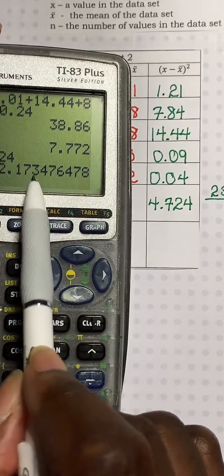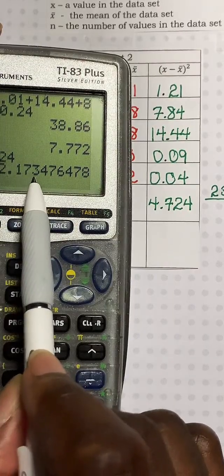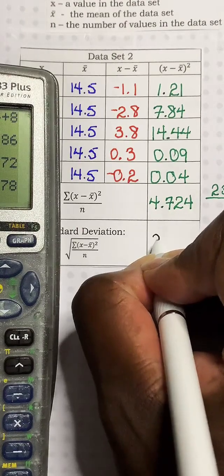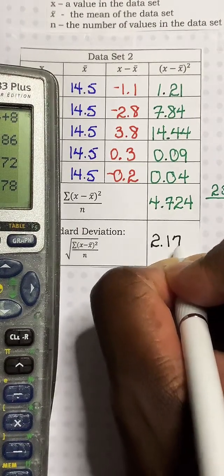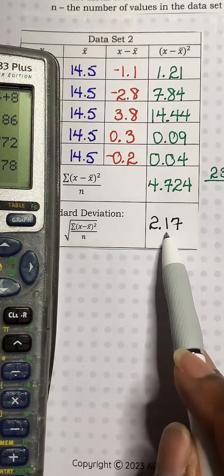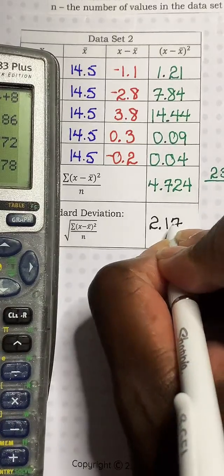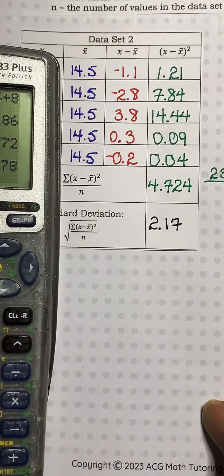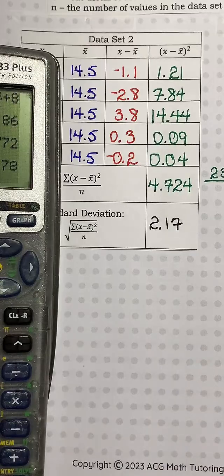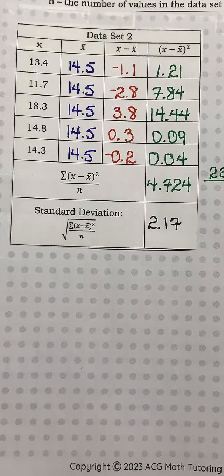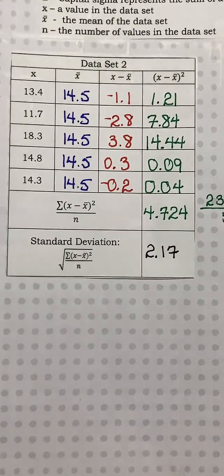Since it's not 5 and above, I don't need to give it a shove. So this will be my 2.17, which means I am 2.17 away from the mean. Not too long, not too huge, because the larger your standard deviation, the farther apart you are from the mean. So that's what you're calculating when you're doing standard deviation.